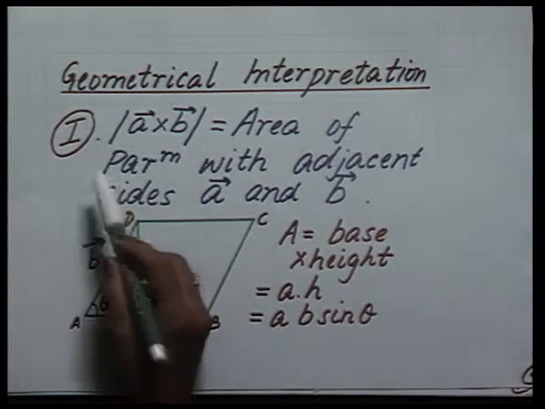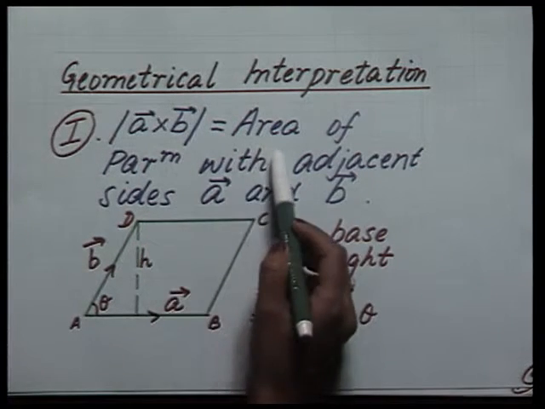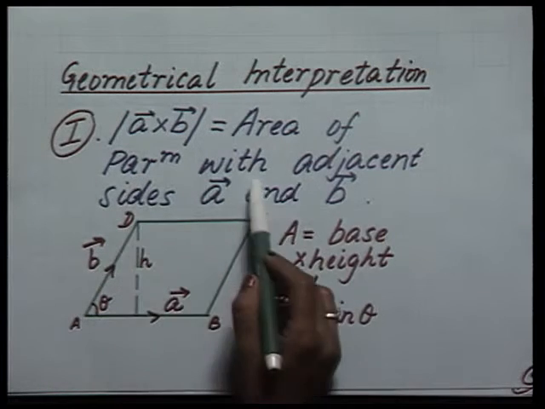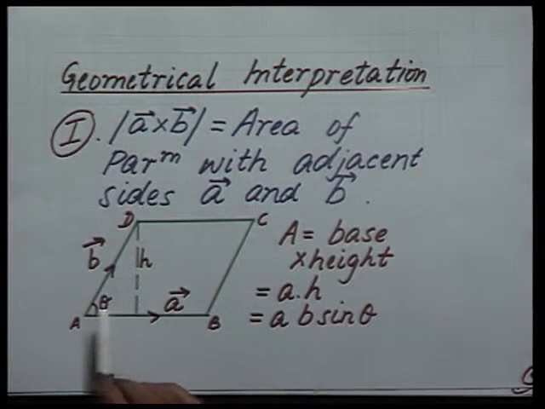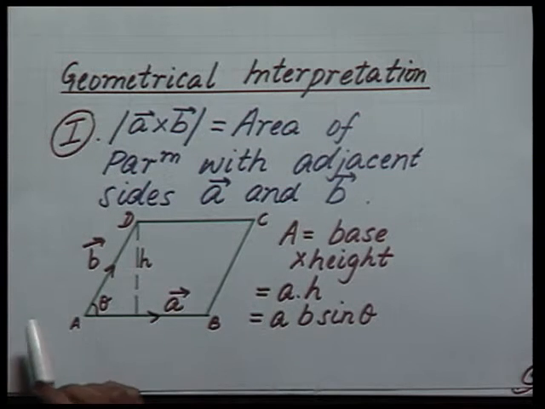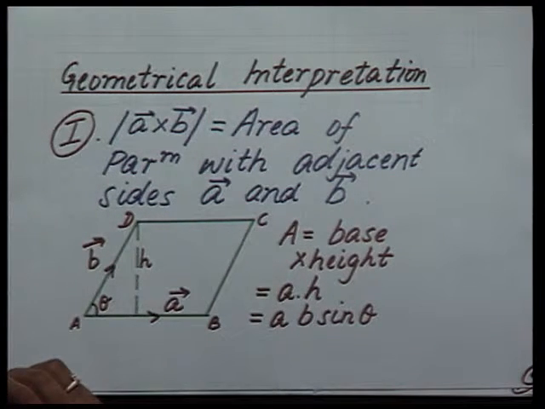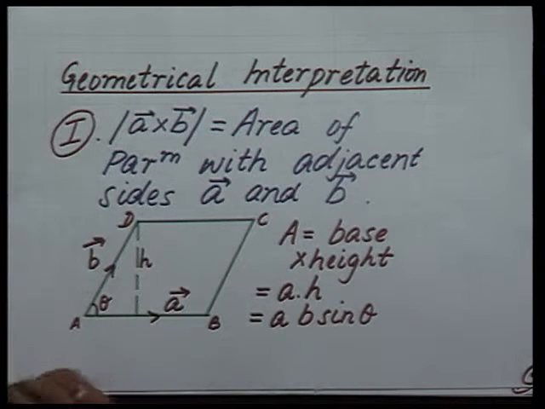And now, a couple of simple geometrical interpretations of A cross B. The first: the modulus of A cross B represents the area of the parallelogram with adjacent sides given by the vectors A and B. Let us have a look at it. This is the vector A, this is the vector B, and if this angle is theta, then the height of the parallelogram is given by the magnitude of B sin theta, right.